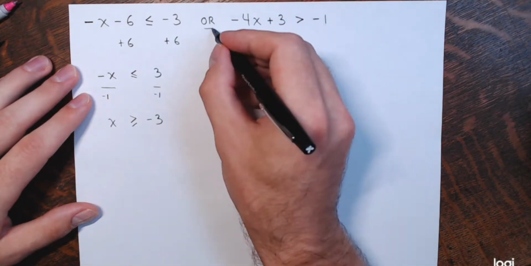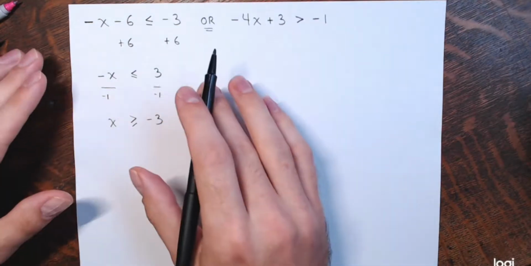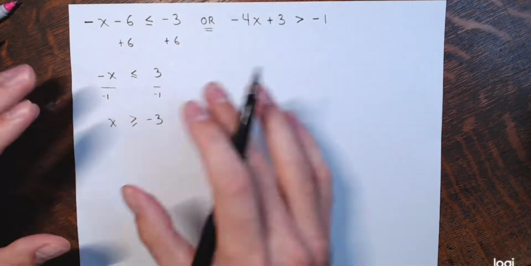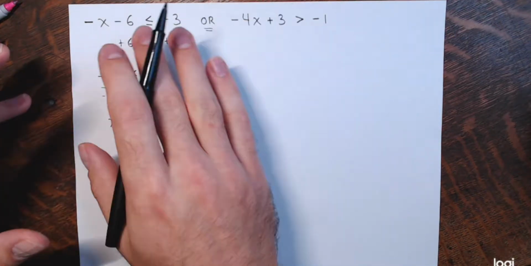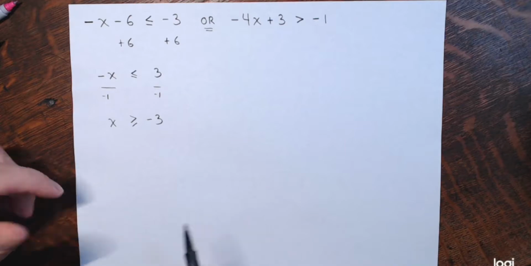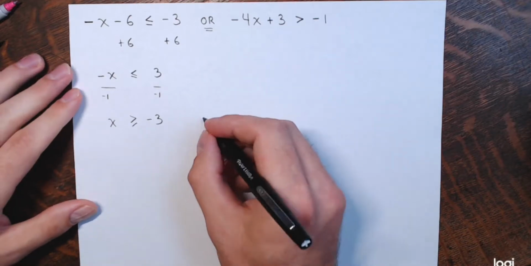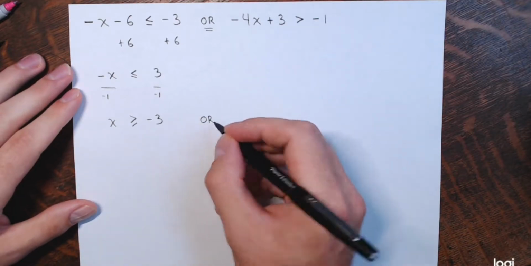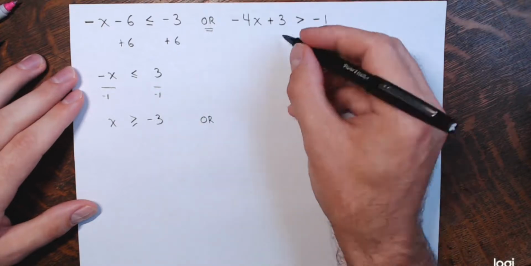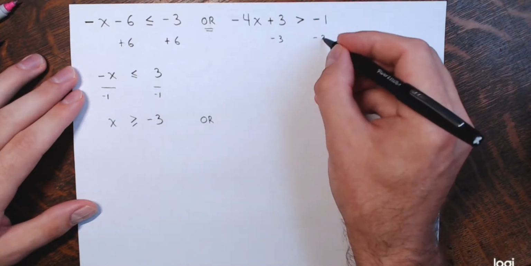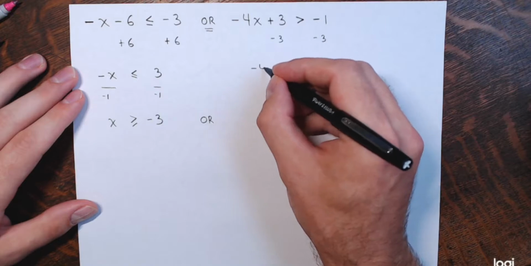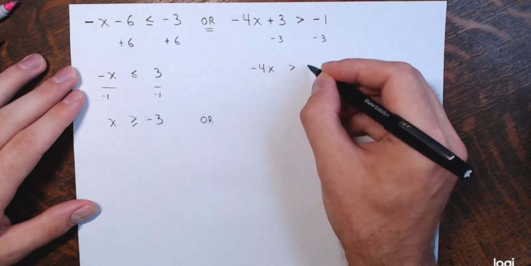Remember, when the word or is the connecting word, any number that satisfies any of the inequalities, either one, belongs to the solution set. So again, we've got the word or connecting here. Then for this inequality, I'd be subtracting 3 from both sides first, and then we have -4x is greater than -4.